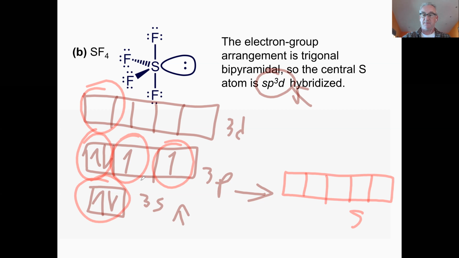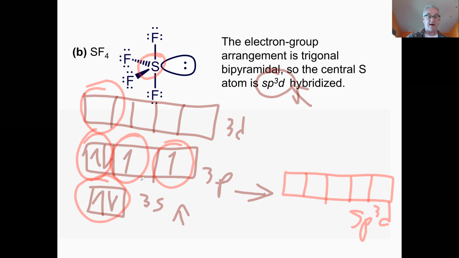called sp3d. And how many valence electrons do I have to put in them? This is sulfur. How many valence electrons do I have in sulfur to put in these new hybridized orbitals? 6. 6, right.